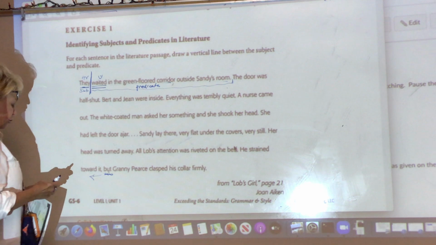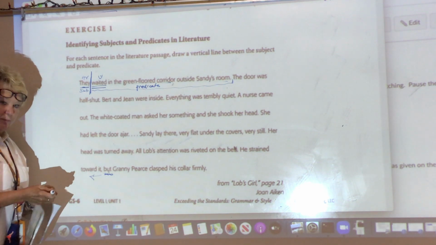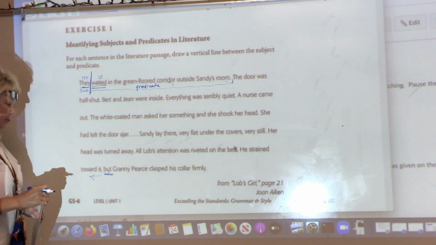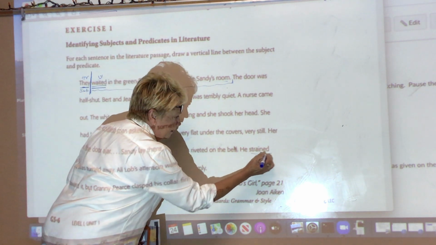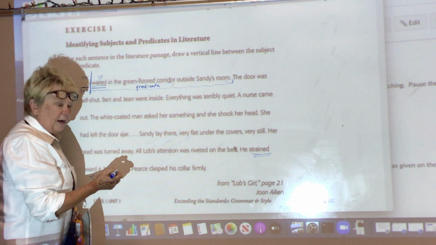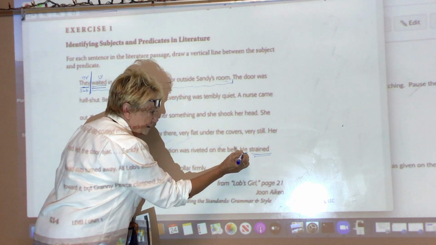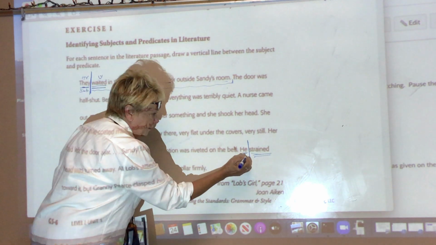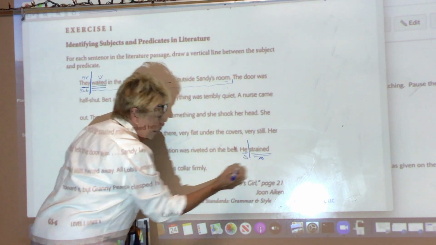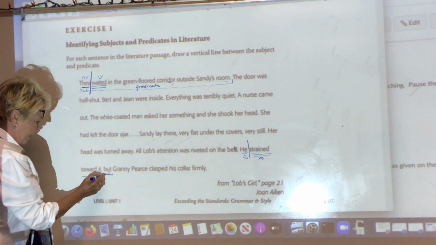He strained toward it. That has a subject and a predicate, and it is a complete thought. The action here is strained. Who is straining? Well, he is. So this would divide right here. This would be the subject side, and this is the beginning of the predicate side.